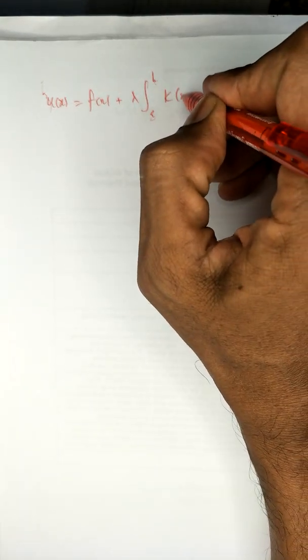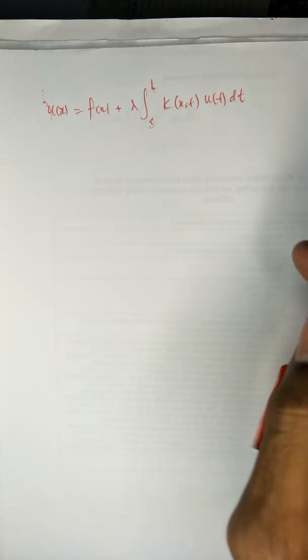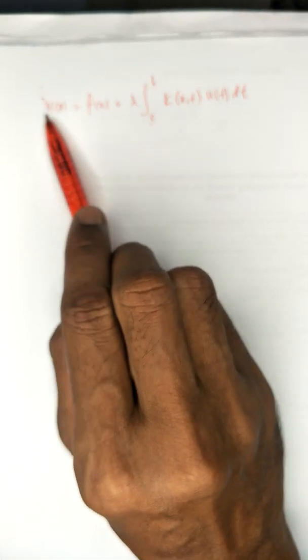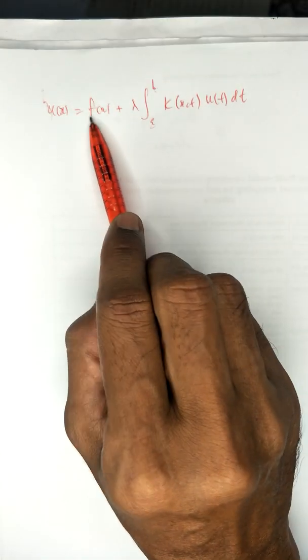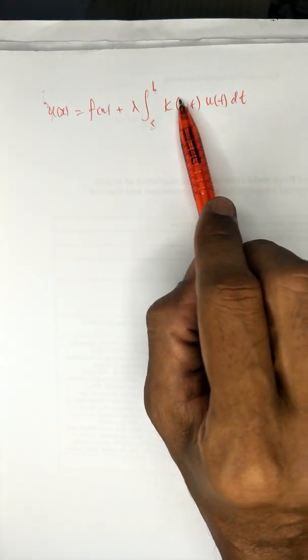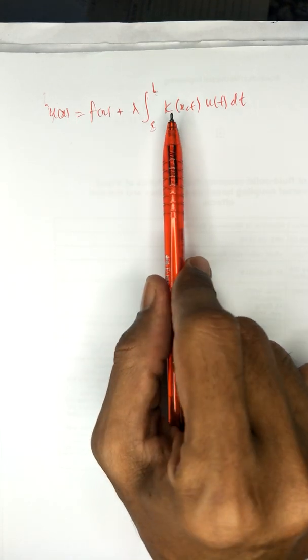So we have k(x,t) u(t) dt, a Fredholm integral equation of the second kind. So we have the unknown u, the known f(x), and the known kernel k. Each of these functions satisfies a certain condition.